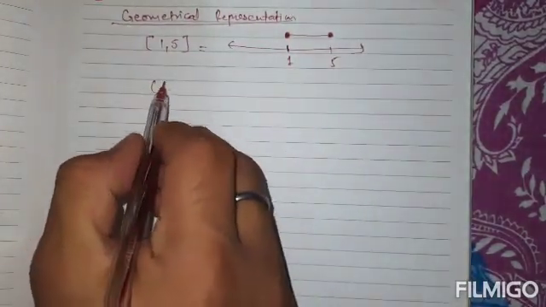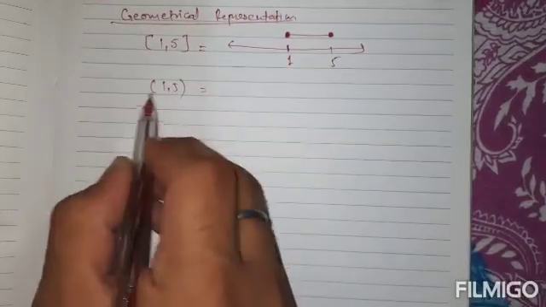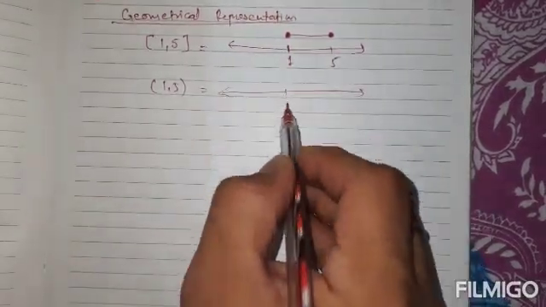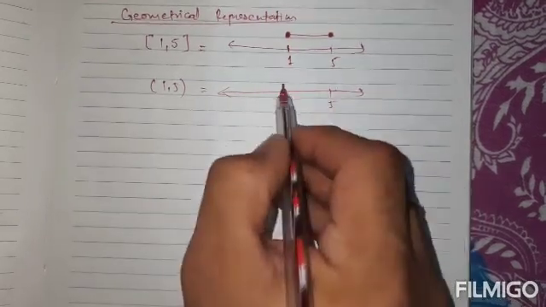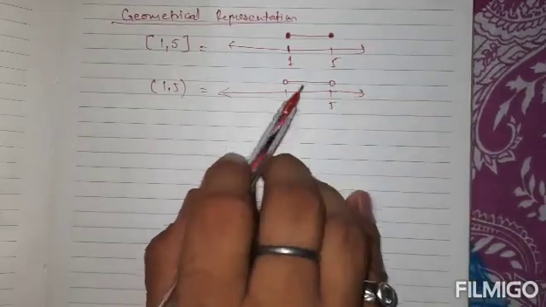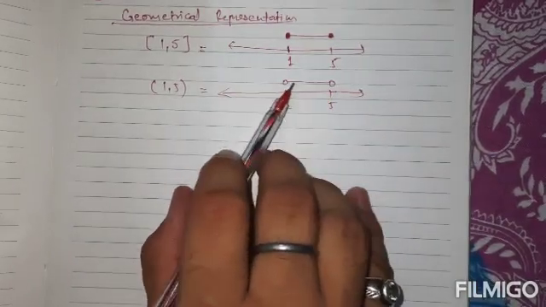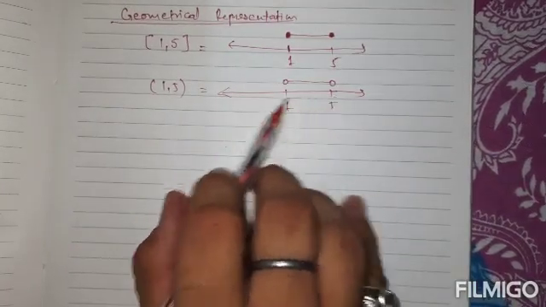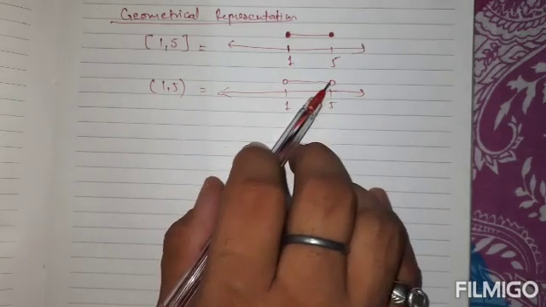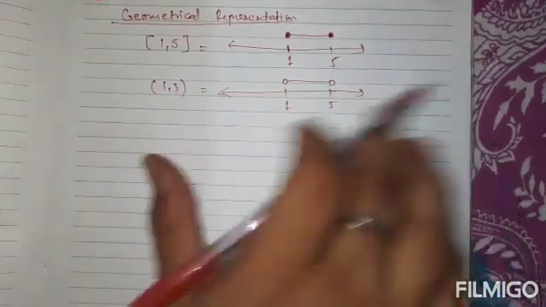Similarly, if we have to express the open interval 1 and 5, then the geometrical representation is this one. Here the dots over 1 and 5 are open, which implies that 1 and 5 are not included, but all the other numbers are included.